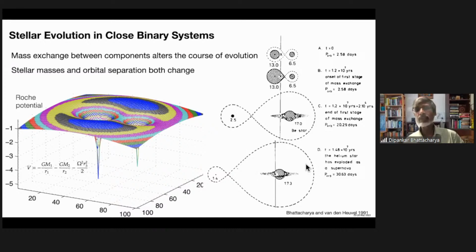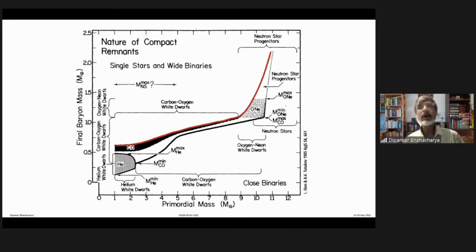You now end up with a younger, heavier star, and the older, less massive star has already evolved and produced a neutron star. As a result of this kind of mass exchange, various changes happen in the evolutionary stages, and also in the expected mass of remnants.